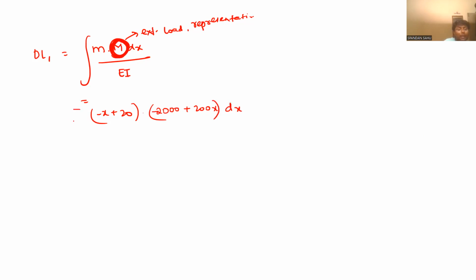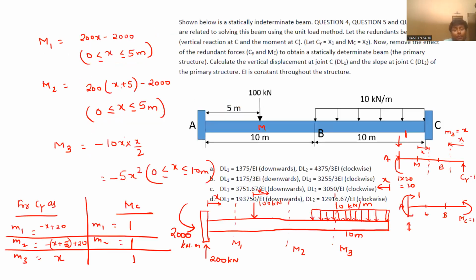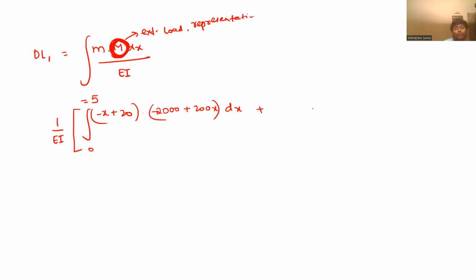I am writing 1 by EI outside because it is constant. Plus, this will be 0 to 5. From which side? From A to M.